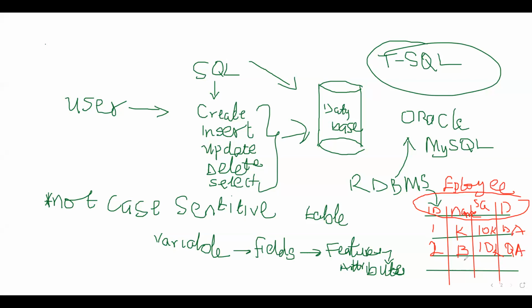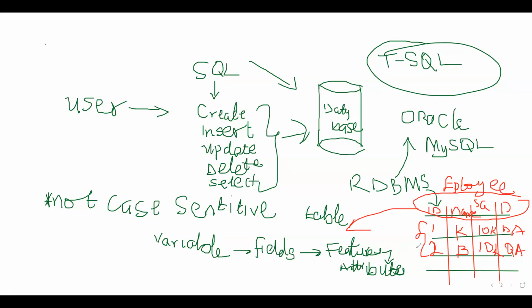That's how it is structured. Everyone has to supply these 4 variables if their details need to be included. And these are called variables, fields, features, attributes.